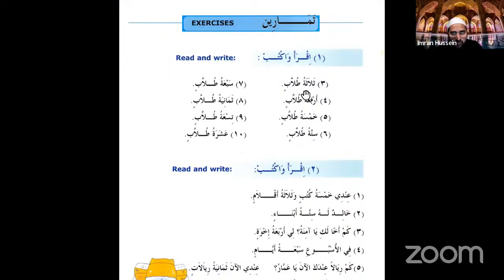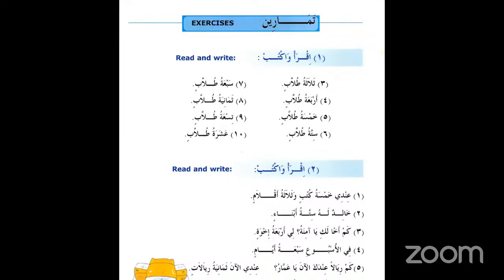So this is, let me just go back for the sake of the sister. Now here, explain. These are the masculine numbers, and then we'll go into the feminine numbers. Bismillah. Shall I do that? Yes, go ahead. Sister Razia, if you look at this one, this is thalathatu tullabin. The number we're counting is feminine, but the ma'dud is masculine. So thalathatu tullabin, and the same with arba'atu tullabin.